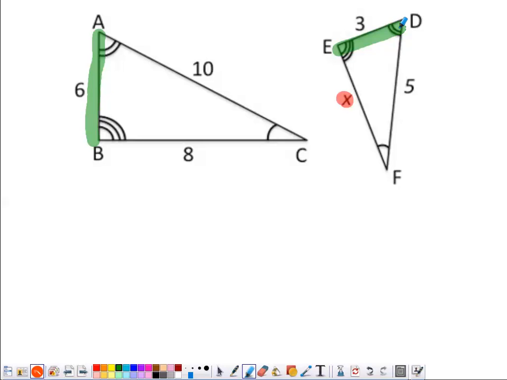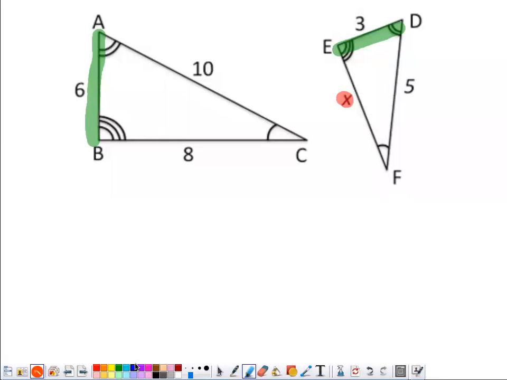All right. So let's figure out our corresponding sides. Did everybody get a chance to draw this? Carson already told me that AB corresponds with DE.